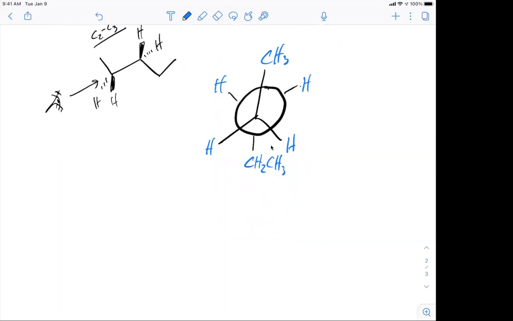So let's try one more of these. So we got our little eyeball. This is going to be down the C3C2 bond. Okay, and let's take a little time to draw that one.